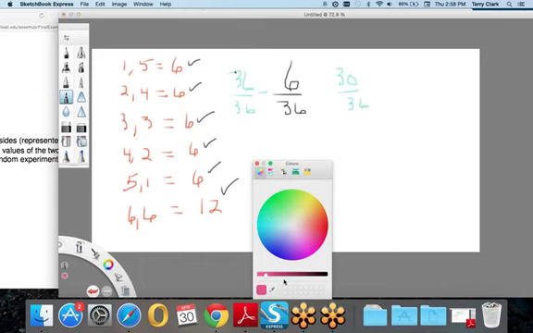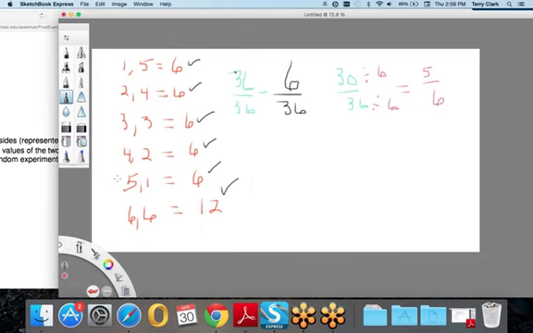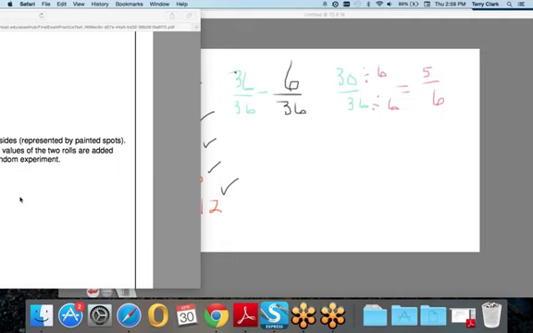I'm going to divide these by 6. And that's going to leave you with 5 over 6. Okay, so the probability that it is not divisible by 6 is going to be 5 out of 6.